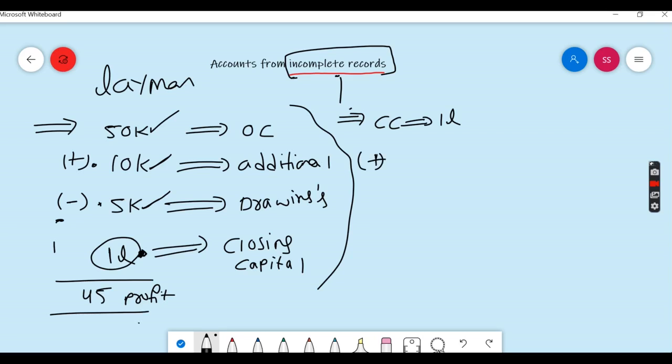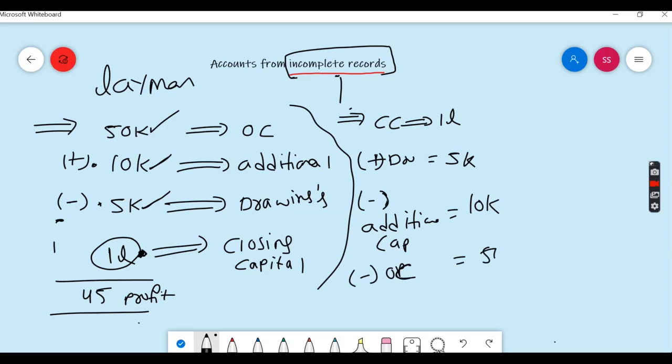Plus drawings will be 5,000, and then minus additional capital, because we added it here, so we need to deduct it here, minus 10,000, and then minus opening capital, which is 50,000.